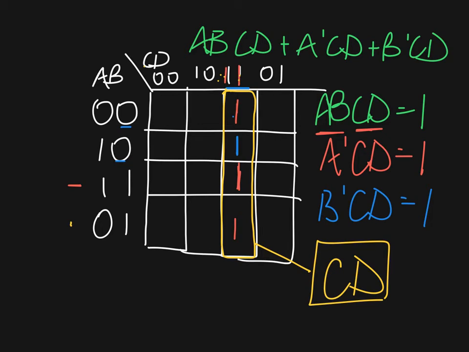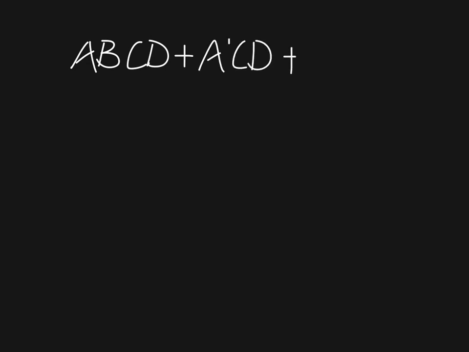Right, so that was using Karnaugh maps to work with this SOP form. Let's go back to the SOP form and do it without Karnaugh maps and see if we end up with this answer. So let's write it out again: ABCD plus A'CD plus B'CD.